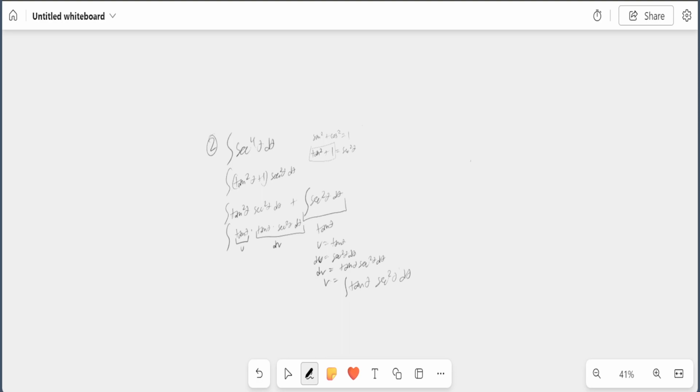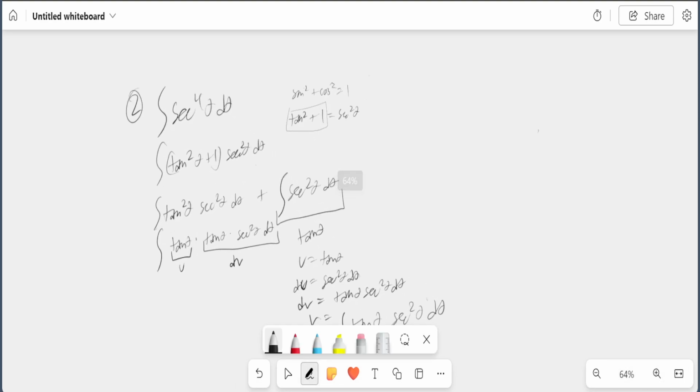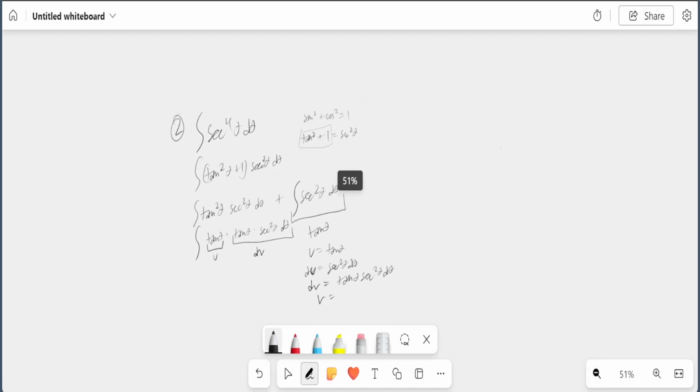That's u du. So let me actually just erase that. I can just write that: tangent squared theta over 2.